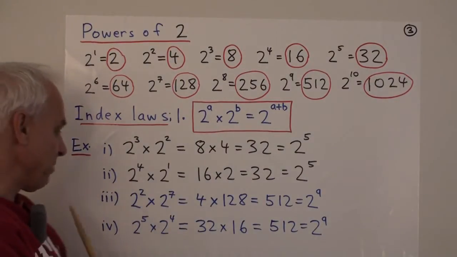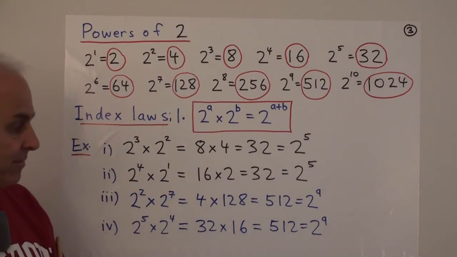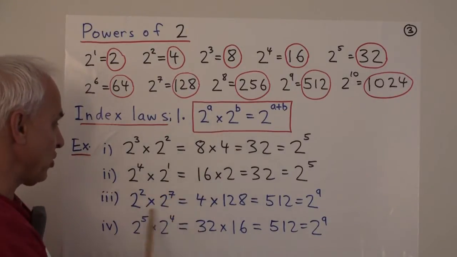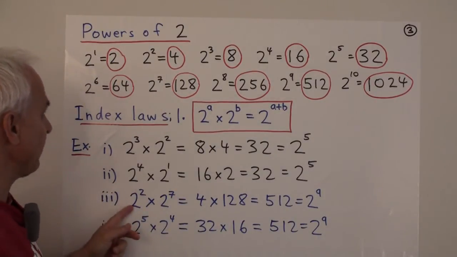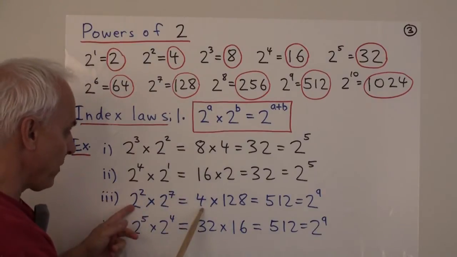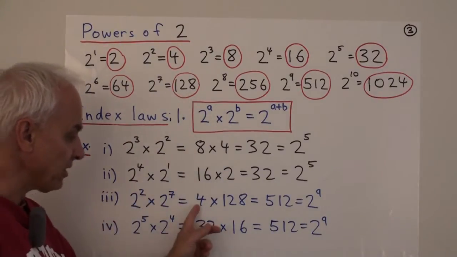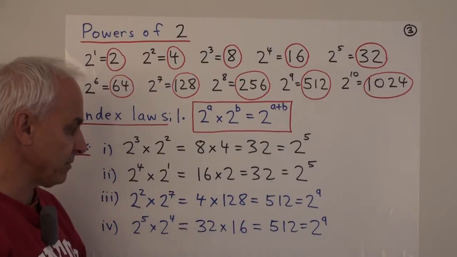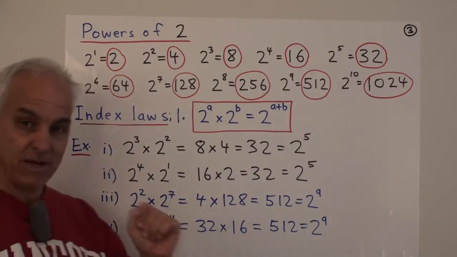Here's an example with a little bit bigger numbers. 2 squared times 2 to the 7. Well, the index law says that that should be equal to 2 to the 9. And we can check that by taking 2 squared, which is 4, taking 2 to the 7, which is 128, and multiplying 4 times 128. You could use your calculator, but I hope you can also do that on a piece of paper.